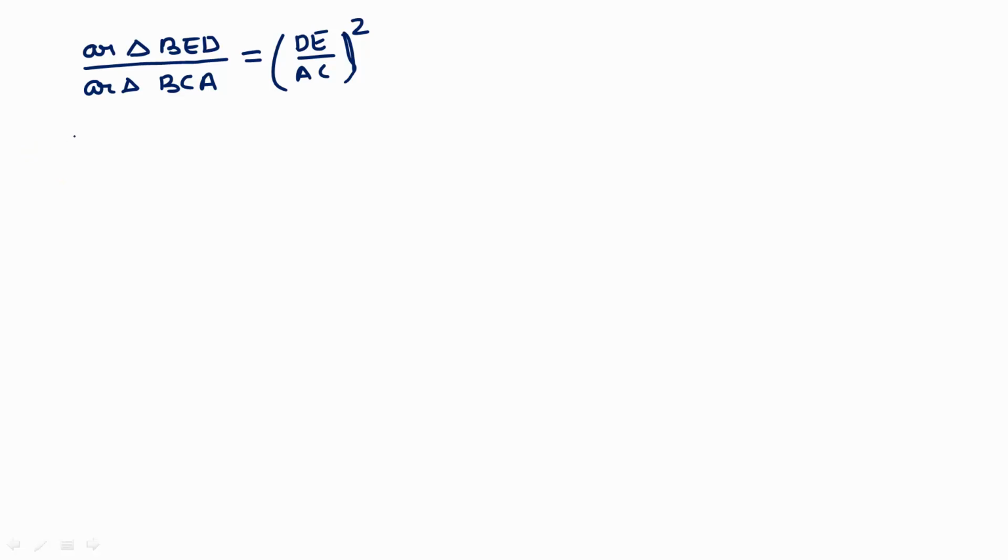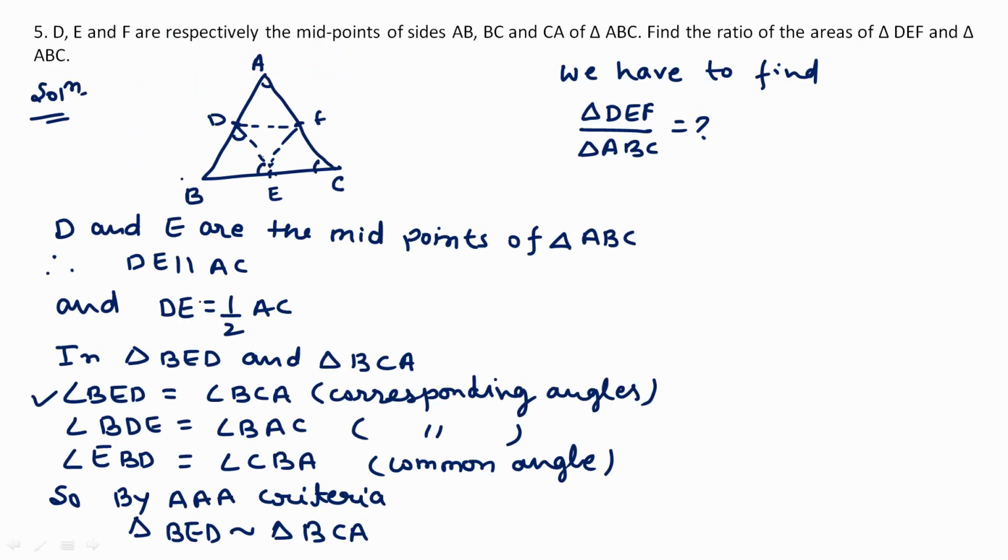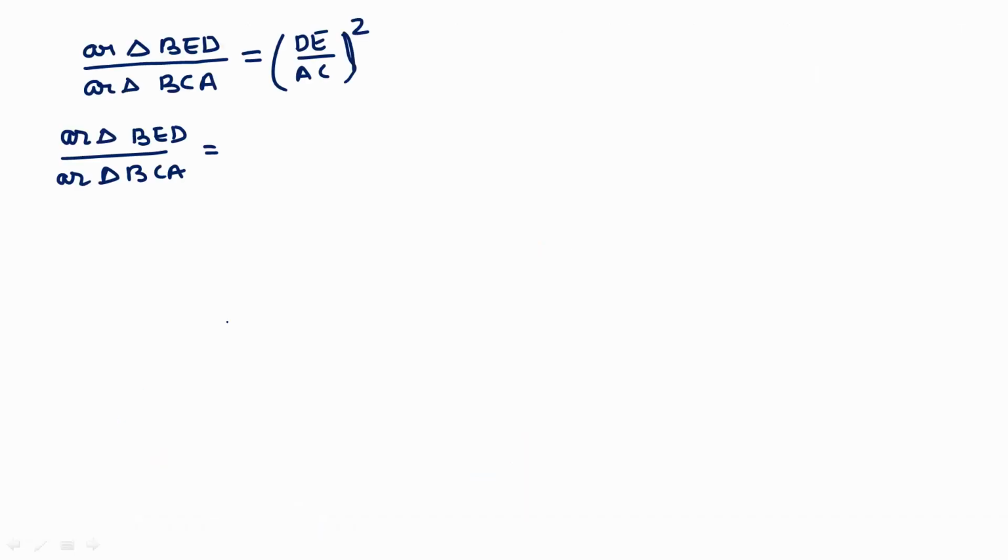You can see that DE is equal to 1 upon 2 AC, so put the value of DE, that is 1 upon 2 AC upon AC whole square. AC and AC will be cancelled out, this will be equal to 1 by 4.